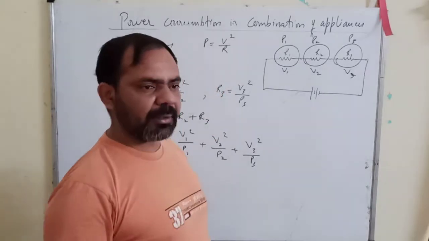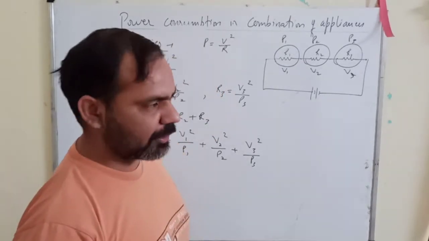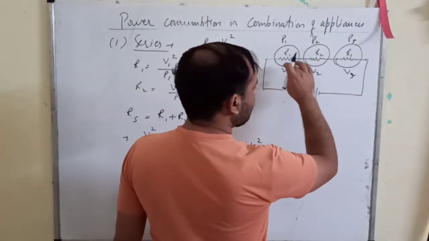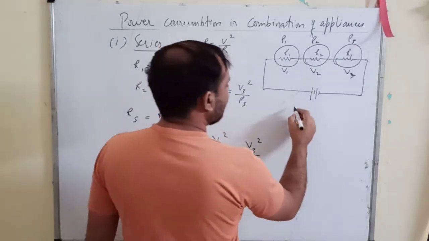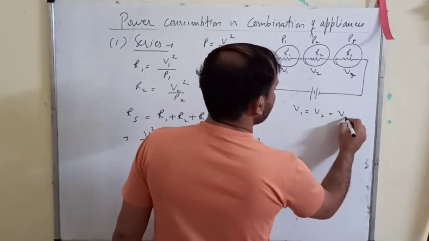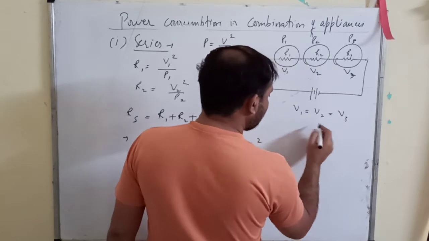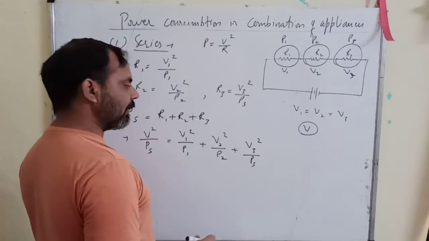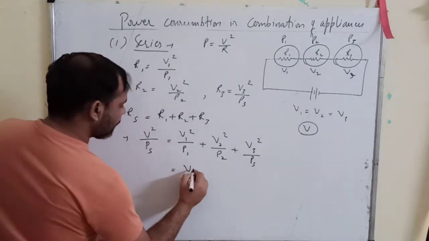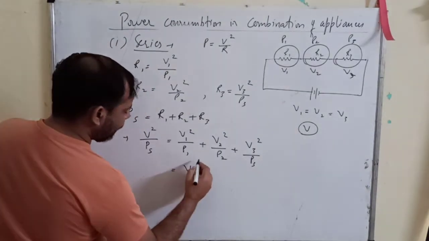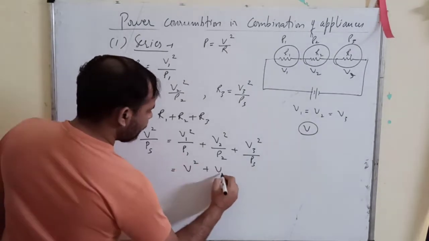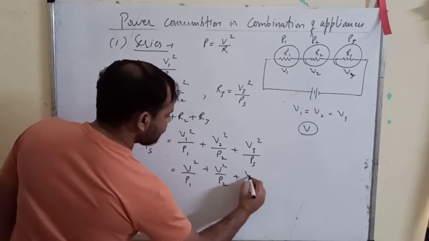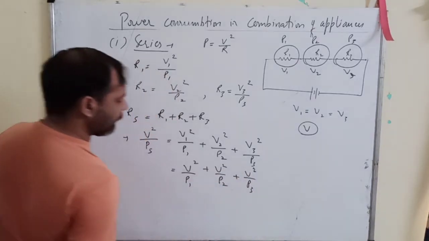They are manufactured to work on the same voltage. Then V1 equals V2 equals V3, and it will be equal to the total voltage applied by the battery. So you can replace this by V square upon P1 plus V square upon P2 plus V square upon P3.